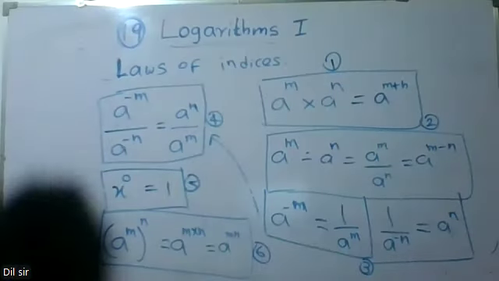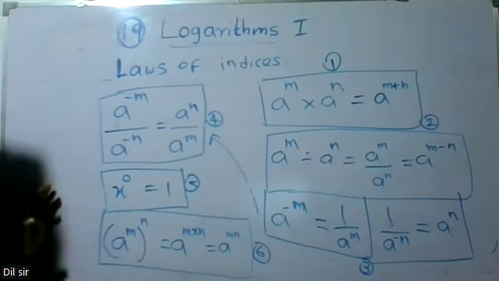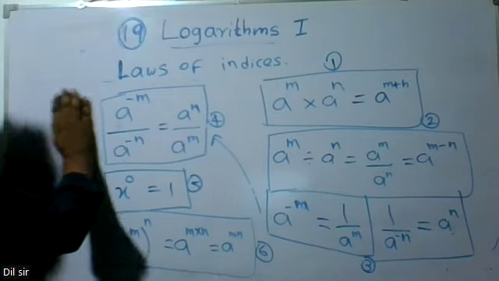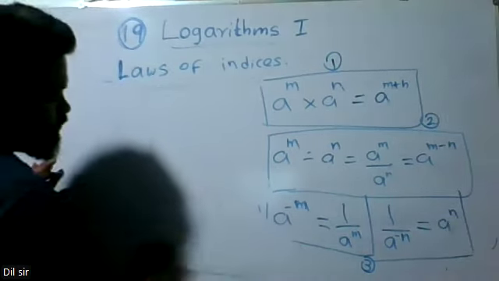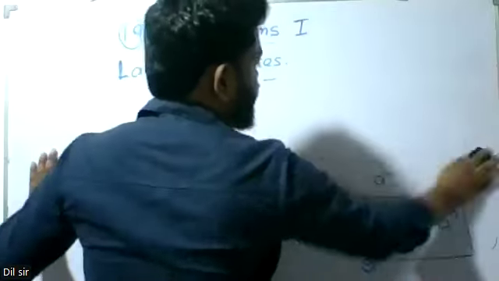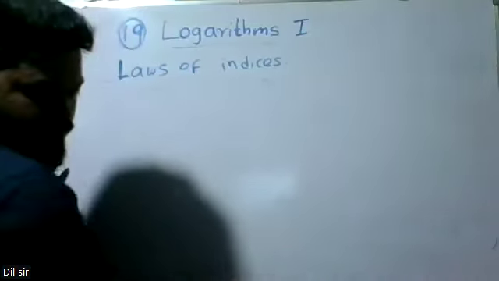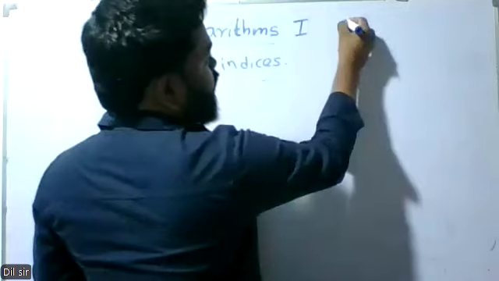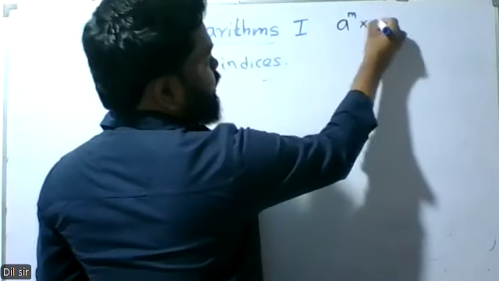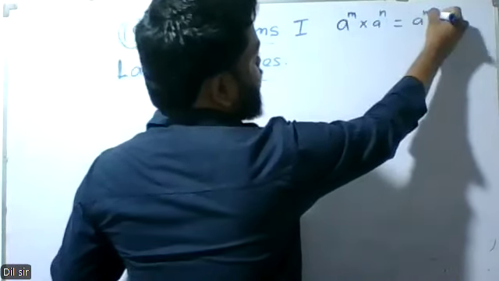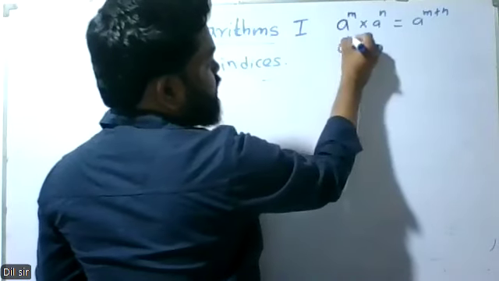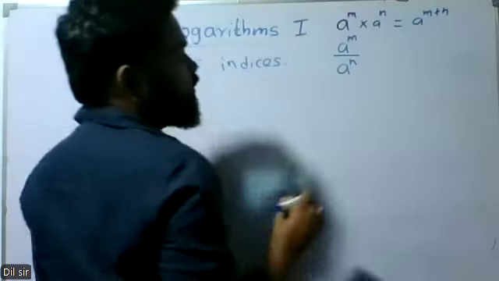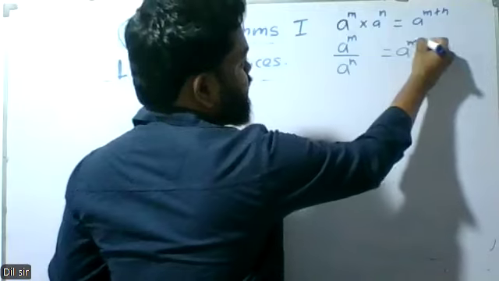Okay, let's go to several examples now. Remember the laws. a to the power m times a to the power n equals a to the power m plus n. a to the power m divided by a to the power n is a to the power m minus n, with a division.